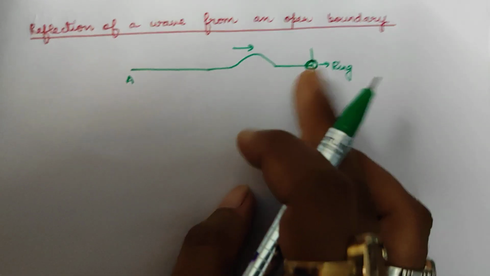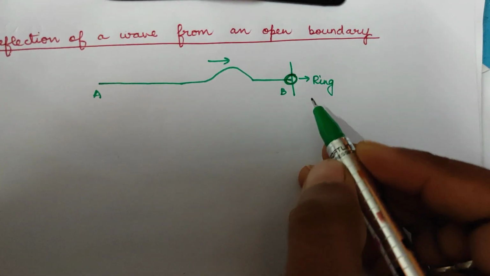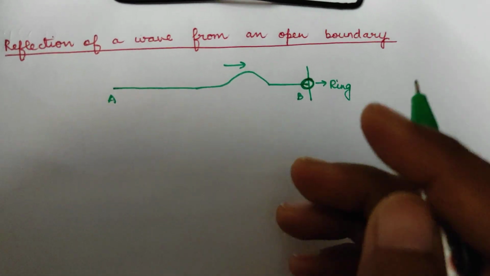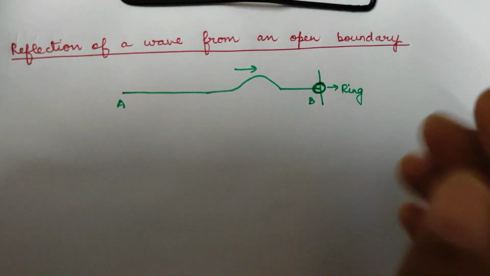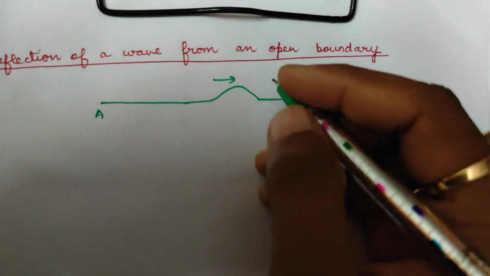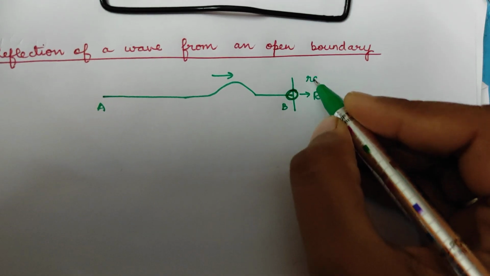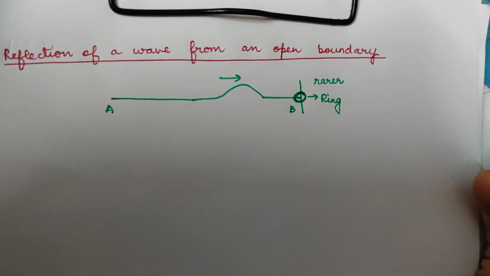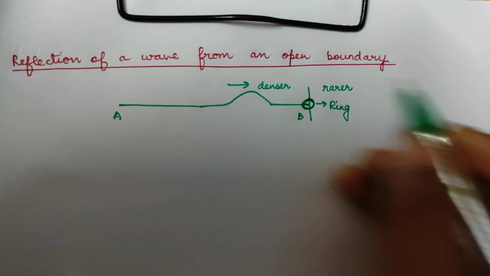Now as soon as the wave reaches this boundary, what will happen? This ring is allowed to move up and down. Yes or no? There are no restrictions on this ring. It can move up and down. So in this case, this boundary will act as a rarer end, and this will act as a denser medium.